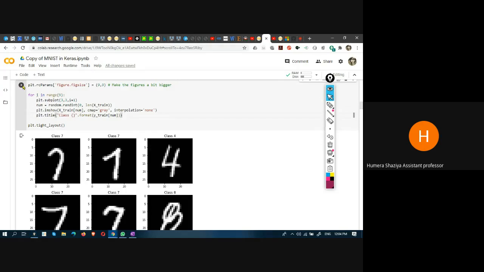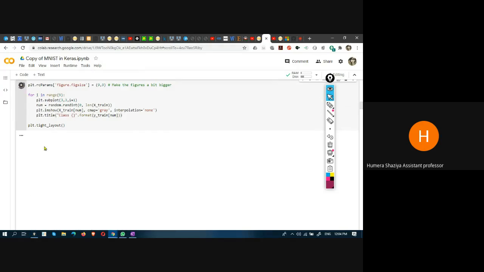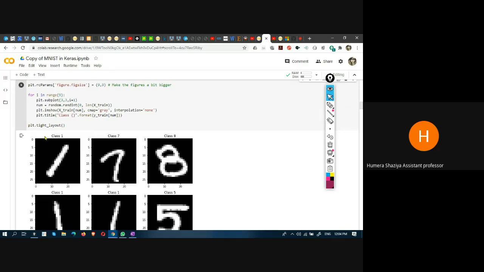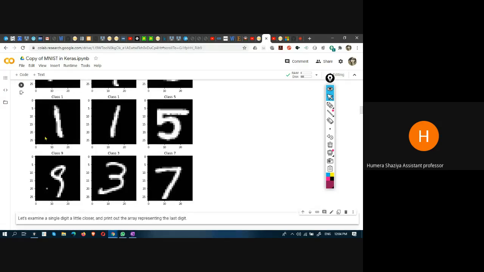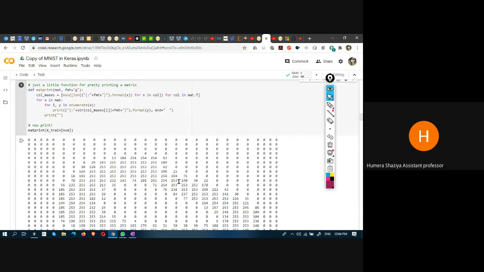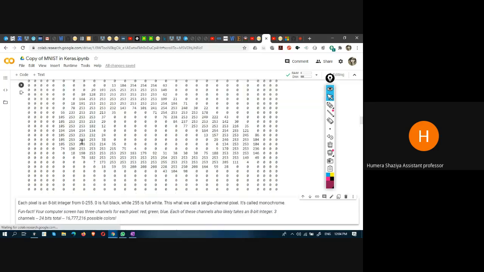I have executed, right? And then look at here. This is the matrix for one particular image num. Previously you have generated one random number num. So the last image, whatever is the last image, you are printing its matrix.